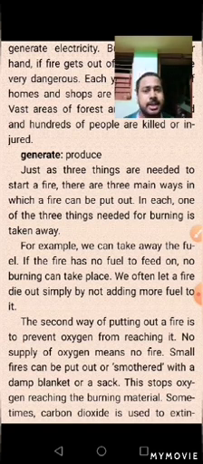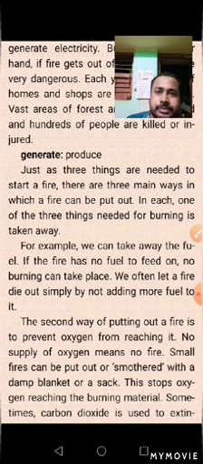What are the three things needed to make fire? Oxygen, heat and fuel. In the same way, there are three steps that we apply to put out fire.